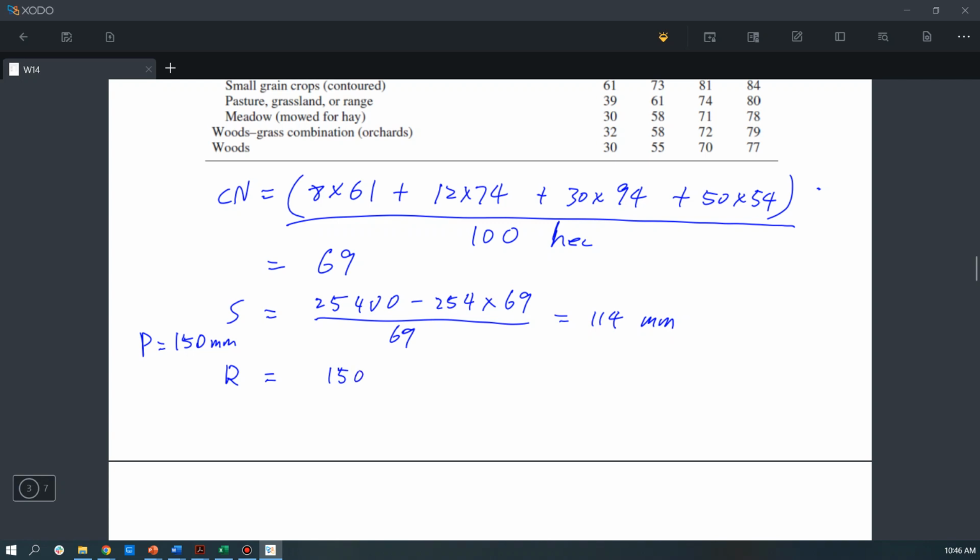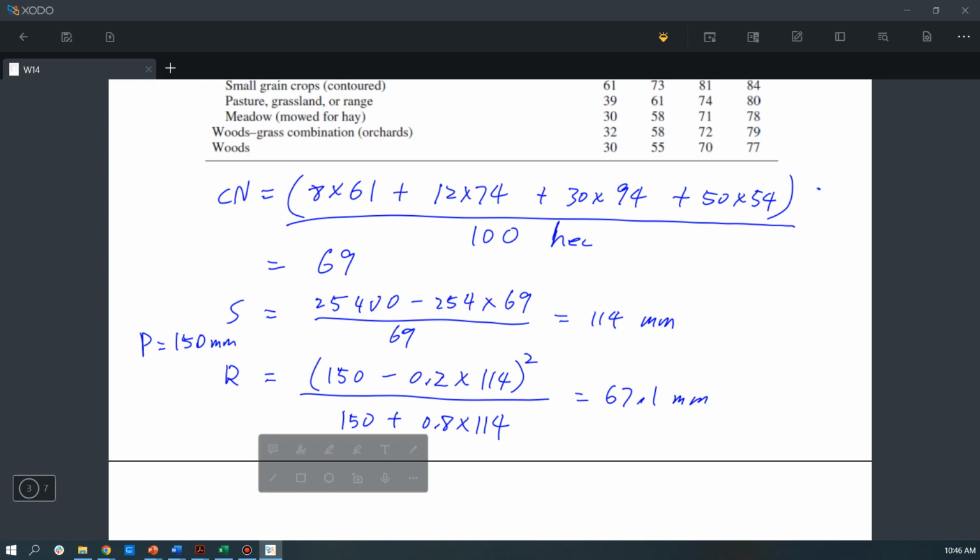It's 150 minus 0.2 times the A's value, 114, and the entire term to the power of 2, divide by 150, the P, plus 0.8 times the A's value, 114. So we can get that the runoff depth is 67.1 millimeter.